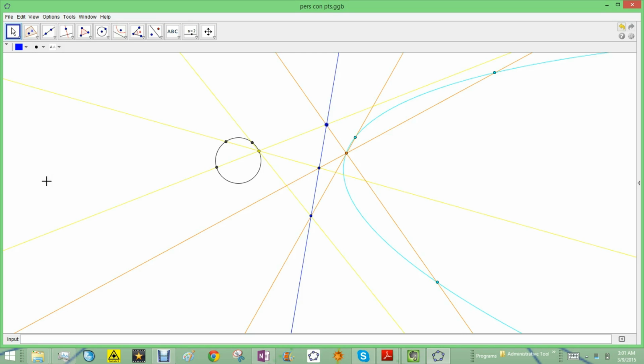Well, we have one perspectivity from the circle to this blue line, using this yellow point as a center, and then we have another perspectivity from this blue line, this range of this blue line, to the range of this parabola, using this orange point as a center.